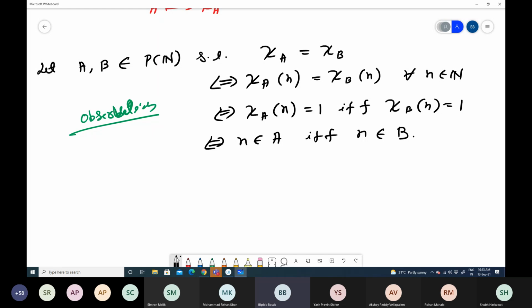Now we'll prove the injectiveness. If A is not equal to B, what does it mean?